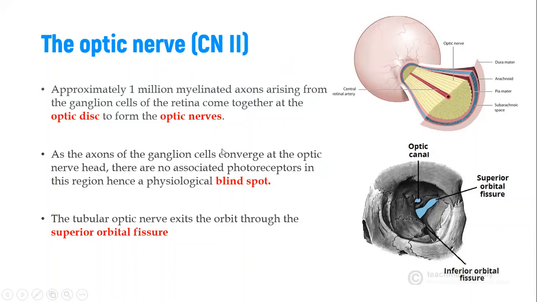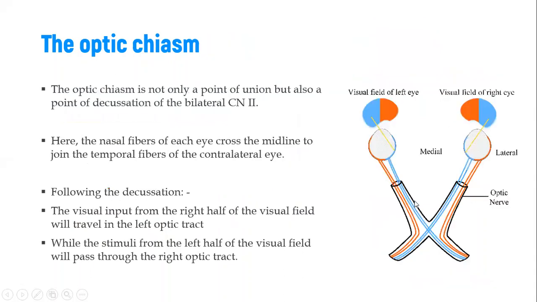At the point where the optic disc is, where the optic nerves are coming in, we don't have photoreceptors, so we have a physiological blind spot. And the optic nerve exits the orbit. This is where they exit the orbit of the eye, through the superior orbital fissure.